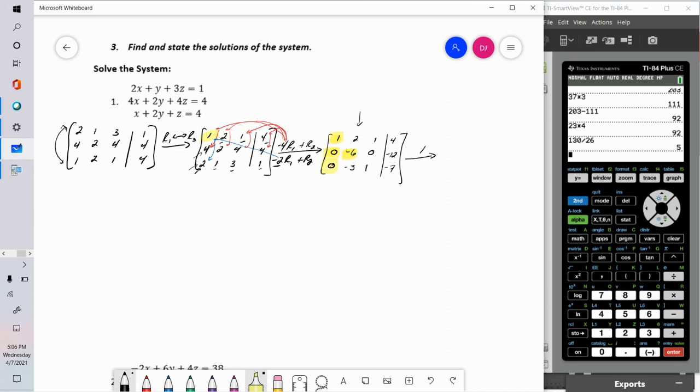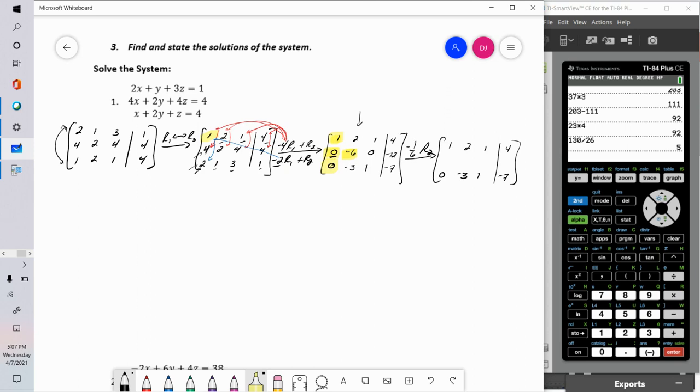I'm going to multiply row 2 by negative 1/6. The reason I'm going to do that is if I multiply negative 1/6 times negative 6, I'll get the 1. The first thing I'm going to do is leave my first and my third row unchanged, and so I'm going to write those down.